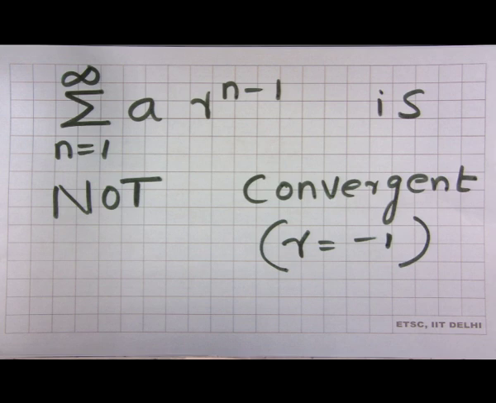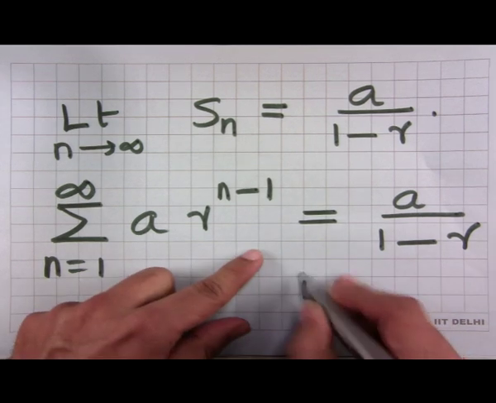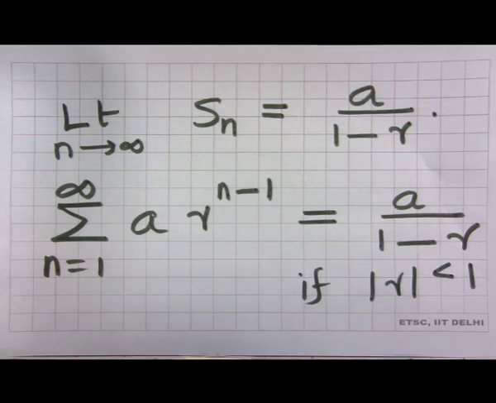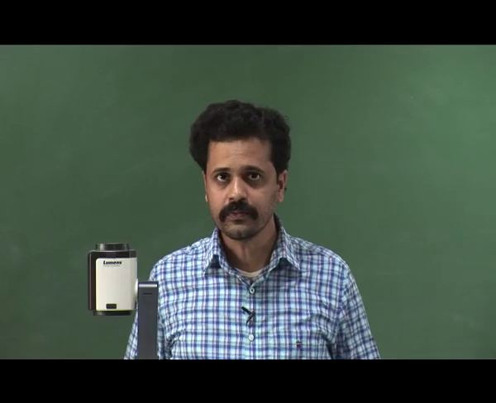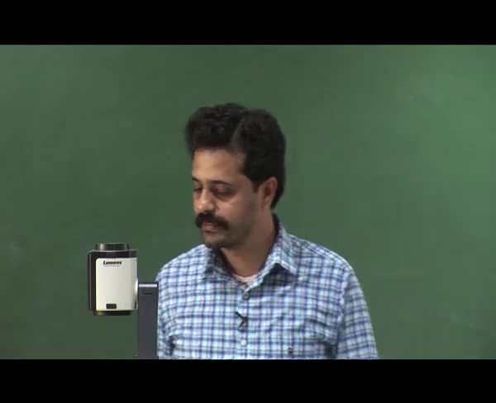The geometric series does represent a finite value when r lies between minus 1 and 1, and that finite value is a by 1 minus r. And for |r| greater than 1, the geometric series does not represent a finite value, or more technically, the geometric series is not convergent.